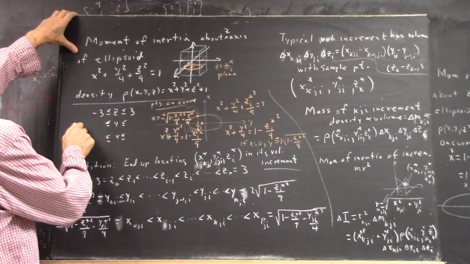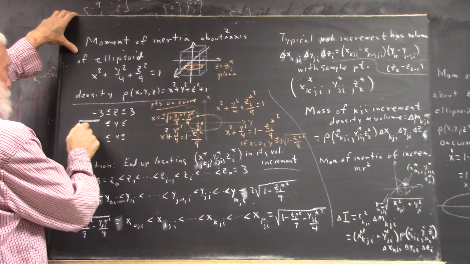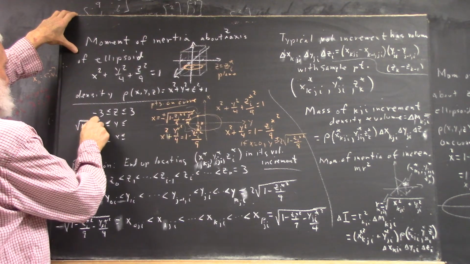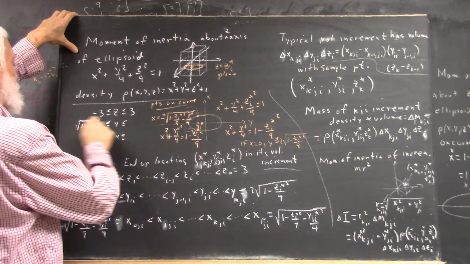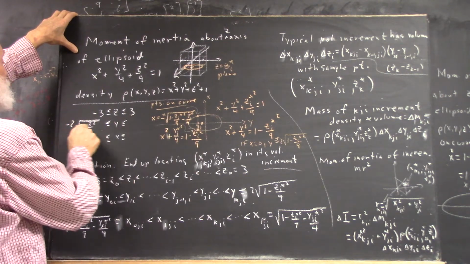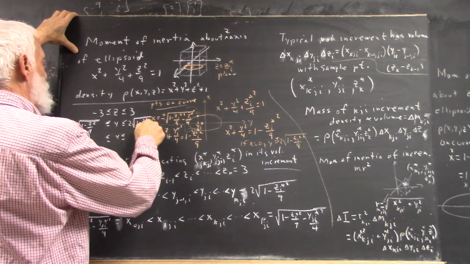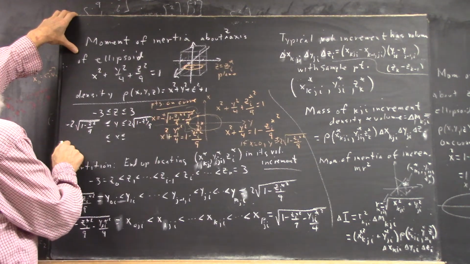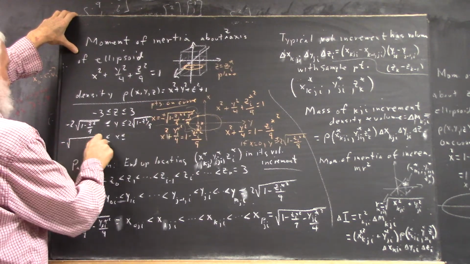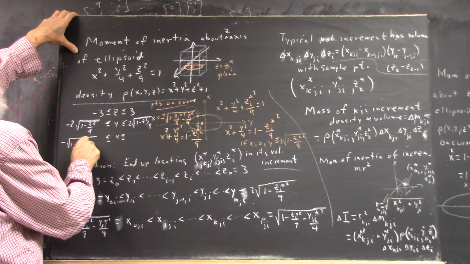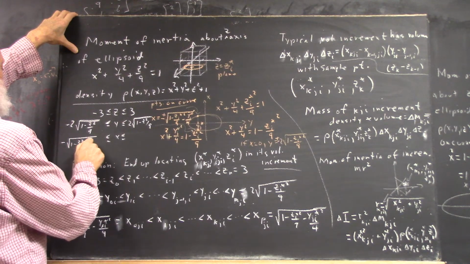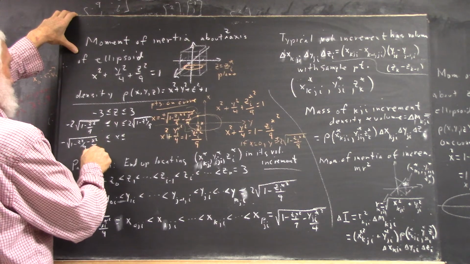Now this is going to be the square root of 1 minus z squared over 9, 2. And this is going to be negative the square root of 1 minus z squared over 9 minus x squared over 4.